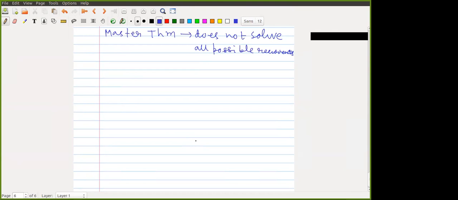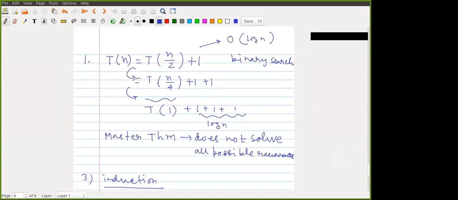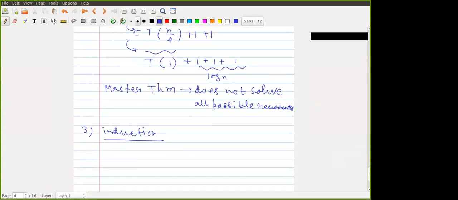So finally, it is our good old friend induction, which we will be mostly interested in. The best way to solve is to somehow guess the solution and try to prove it via induction. Now this guess can come from various ways.